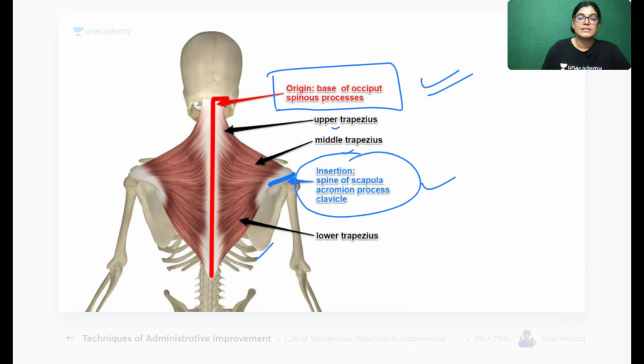You can see it is inserting onto the spine of scapula, acromial process, and the clavicle. The upper, middle, and lower fibers together form one bulk of the muscle, and together they get inserted into the spine of scapula, acromial process, and the clavicle.